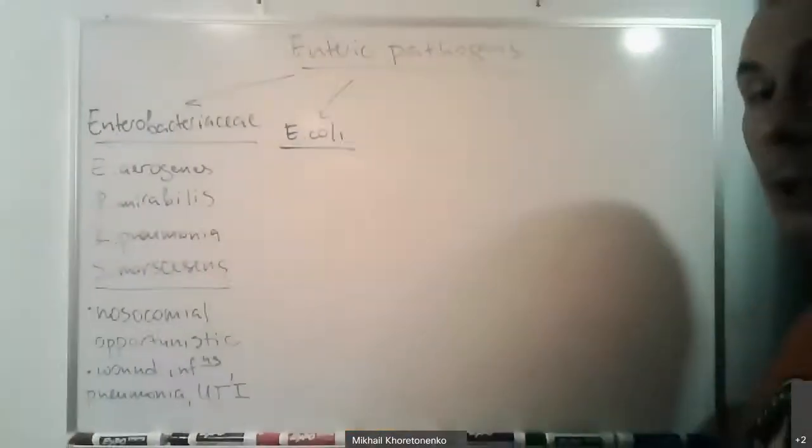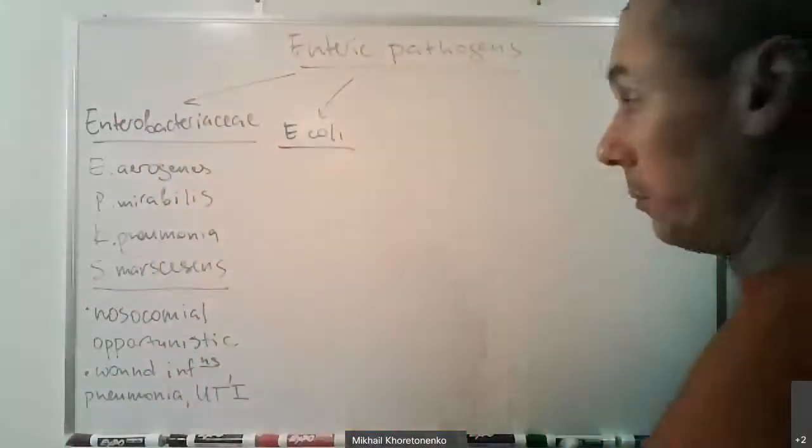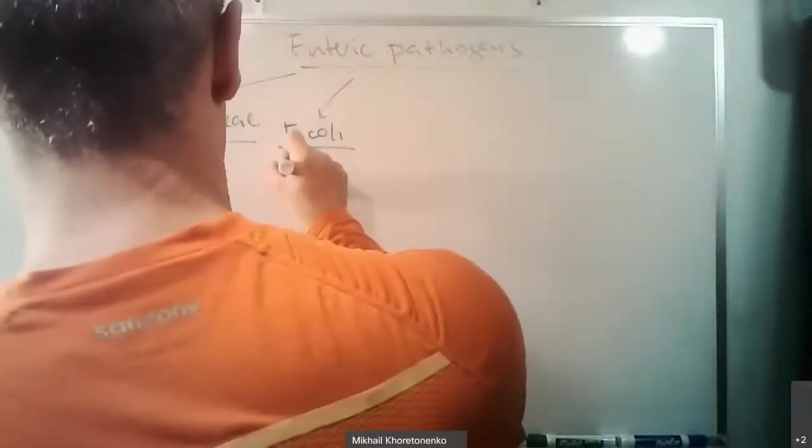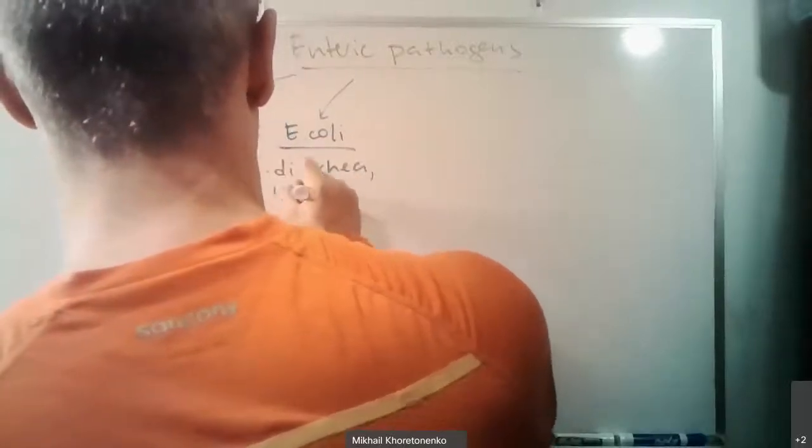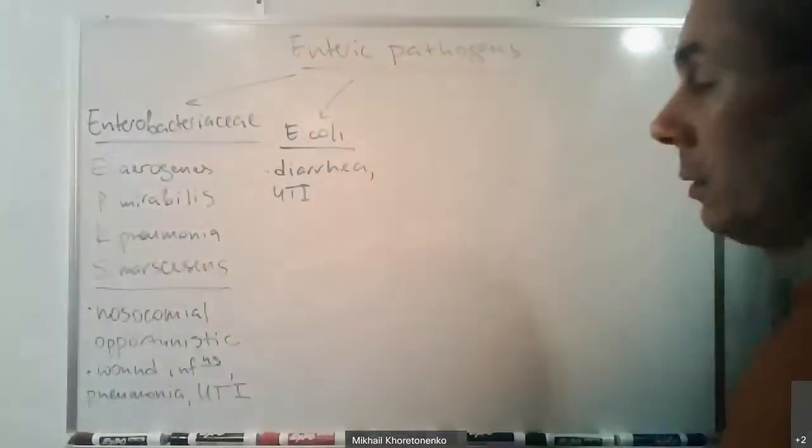So E. coli is another intestinal microorganism that can cause, most of them cause diarrhea, urinary tract infections. It's one of the main causes of neonatal meningitis.